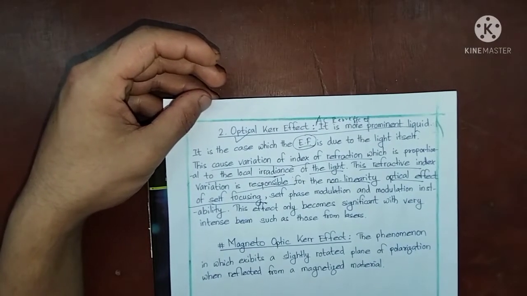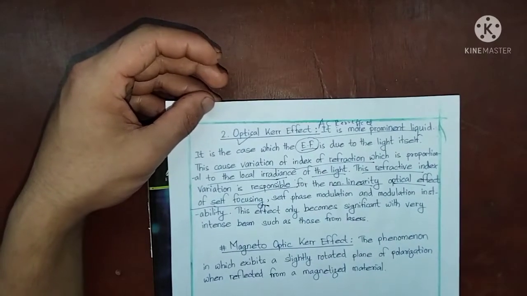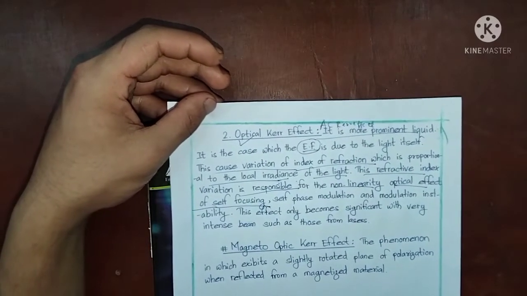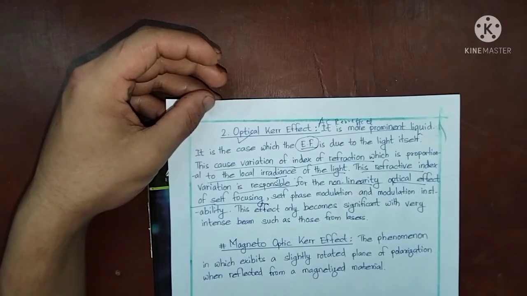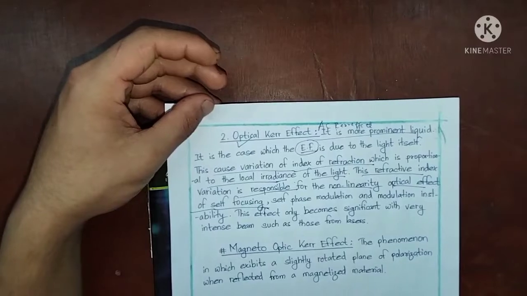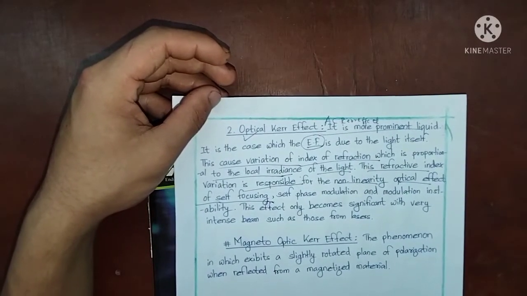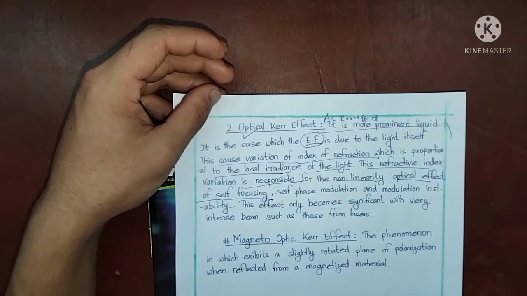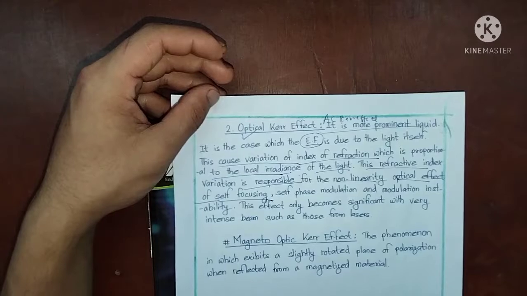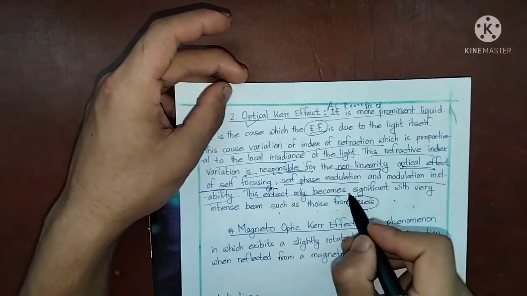Then there is self-phase modulation, also a non-linear optical effect of light-matter interaction and modulation instability. It is the phenomenon where deviations from a periodic waveform are reinforced by non-linearity, leading to the generation of spectral sidebands. If we pass light from a laser, it becomes more significant.